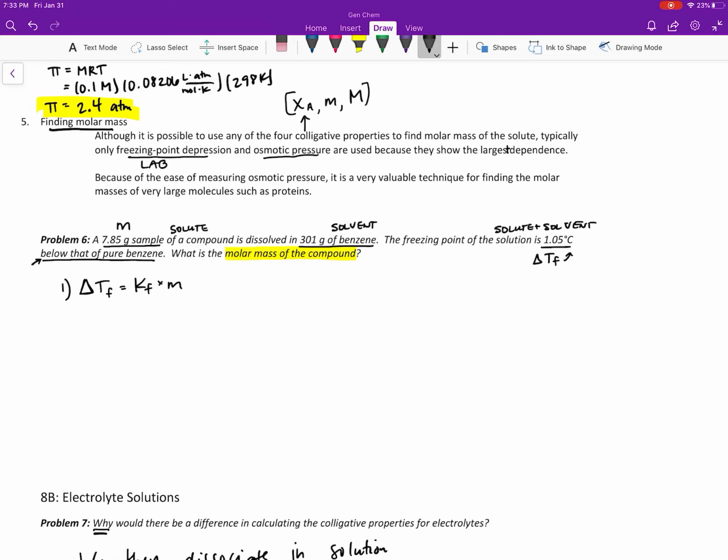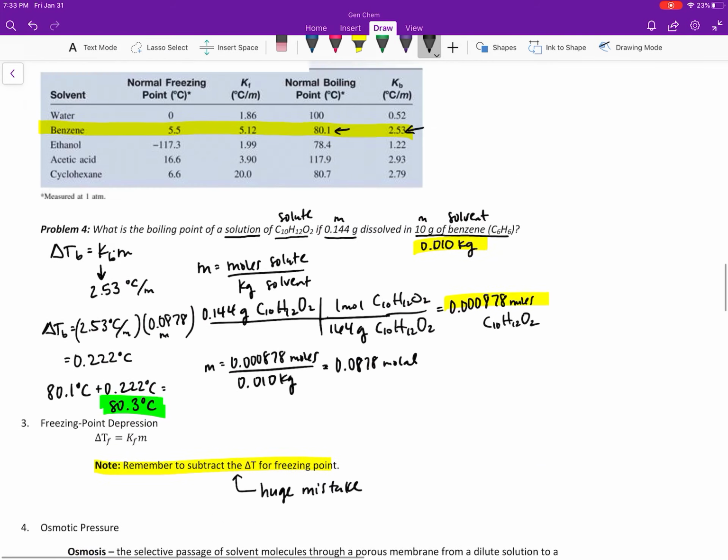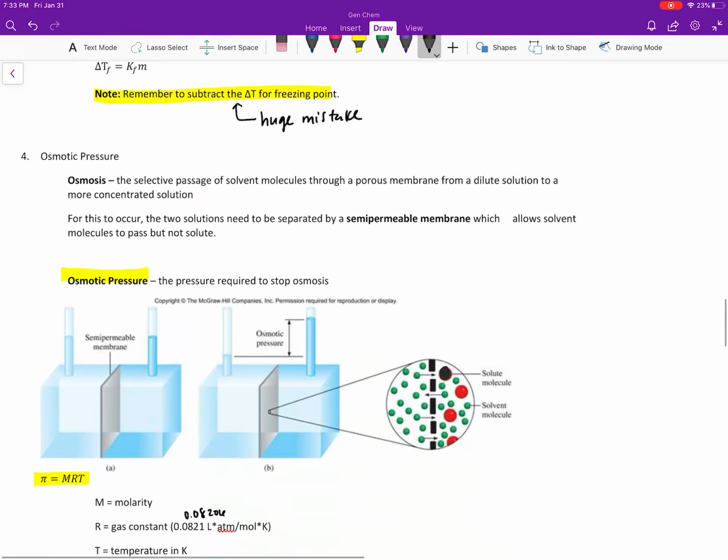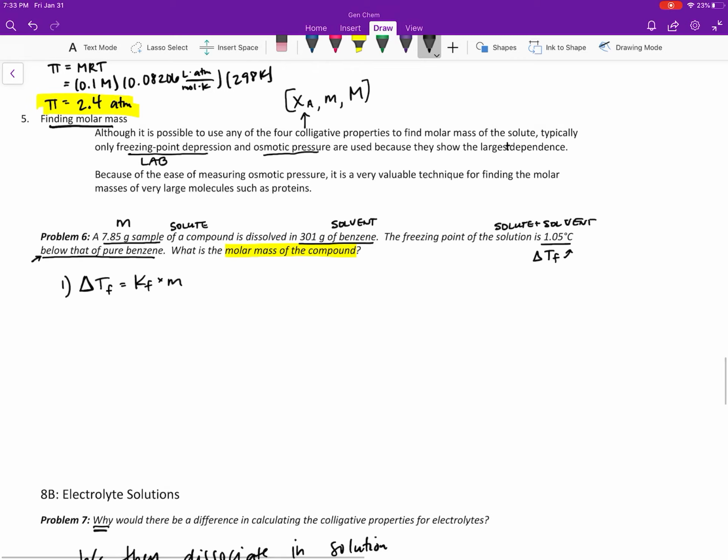So first we're going to take what we know, which is that we have the delta T and the Kf value, which were not given directly in this problem, but if we look back up here, the Kf of benzene is 5.12, so you would need a table or additional values given in the problem. We have the delta TF right there, and we're going to plug in the 5.12 degrees Celsius over molality, and molality is our unknown.